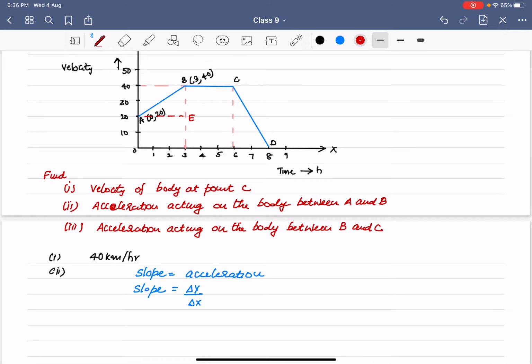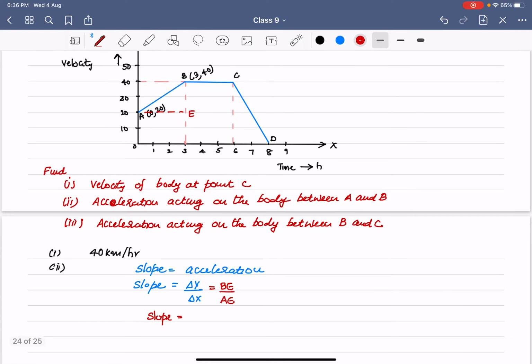So here the change in y happening is equal to BE and change in x happening is equal to AE. So slope will be equal to, now we have to calculate the value of BE, right? The value of BE will be equal to the velocity value at point B is marked as 40 and the velocity value marked at point A is 20.